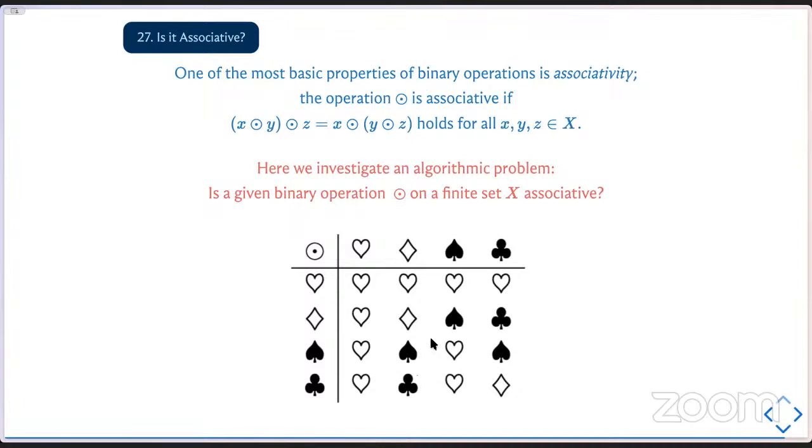For example, you could also have black box access to an operation, sometimes called oracle access. You could have a situation where you feed this oracle your 2 inputs and it tells you what the binary operation returns. But instead here we actually have the operation given to us very, very explicitly. Okay, so that's the setting.